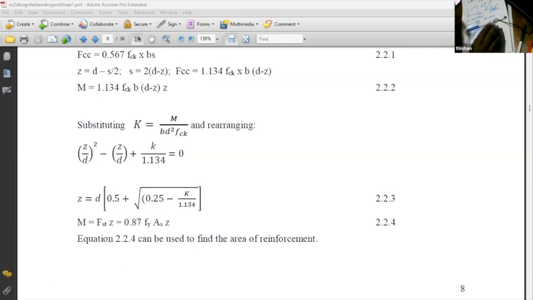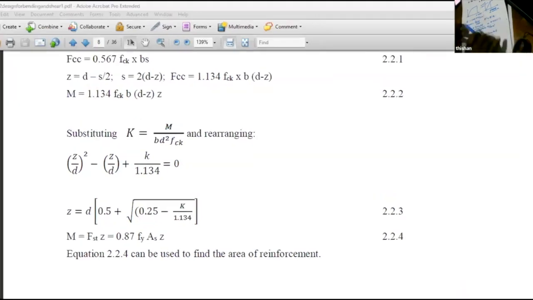M is equal to 0.87 fy As times Z. This magic number Z comes from this equation, and in this equation K is known, so that means Z is known. So you know the bending moment acting on a section, say a simply supported beam subjected to 30 kilonewtons per meter. How can we design it?